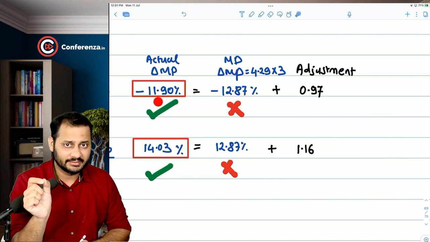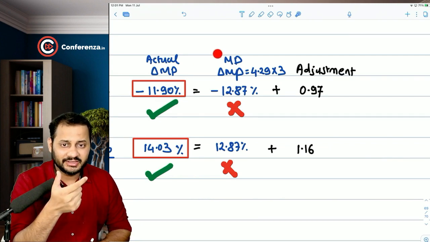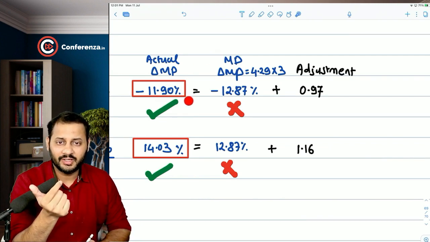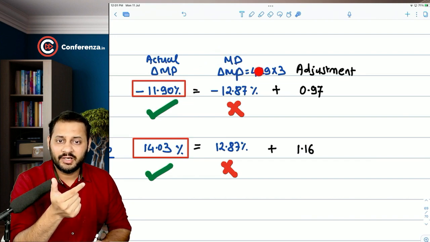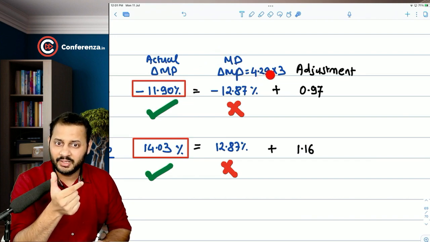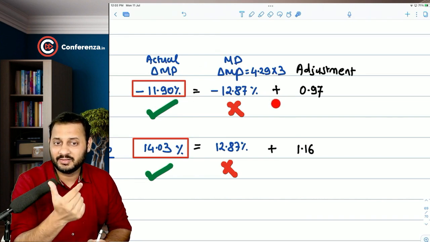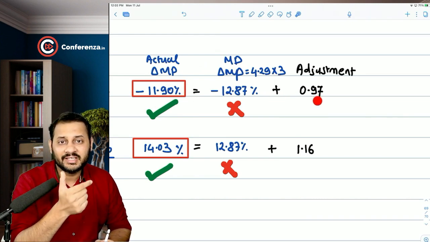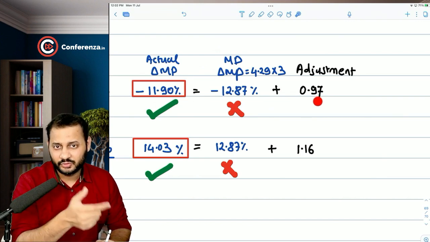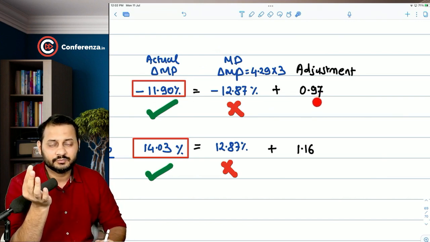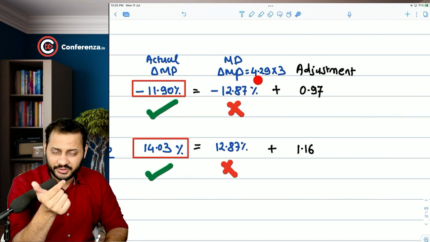And the formula is, in order to change the modified duration, the formula is modified duration 4.29 multiplied by change in YTM plus, do you understand? Plus the convexity adjustment. So there will be 4 things. First, the modified duration.